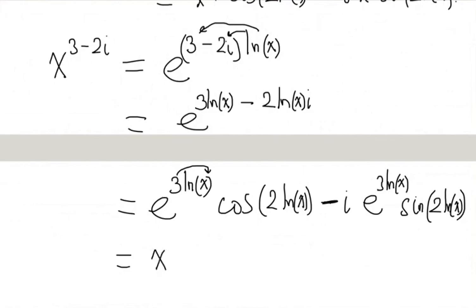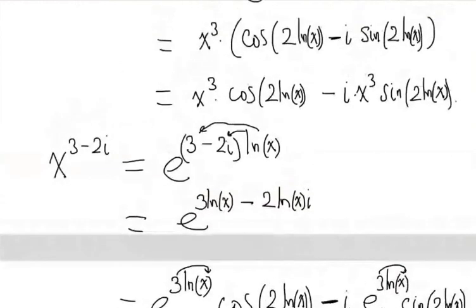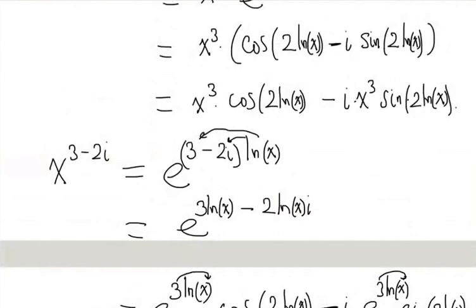We get x cubed cosine of 2 log x minus i, the same thing as before, x cubed sine of 2 log x. And you see that this answer is exactly the same as the above.